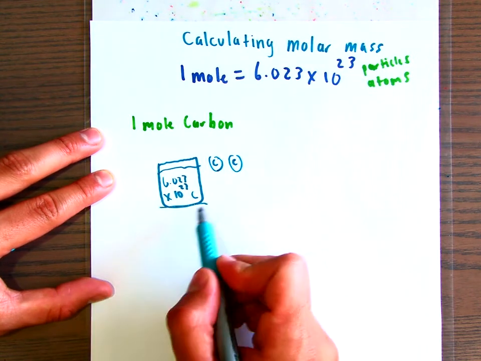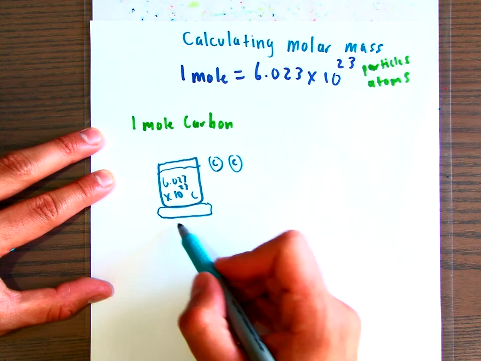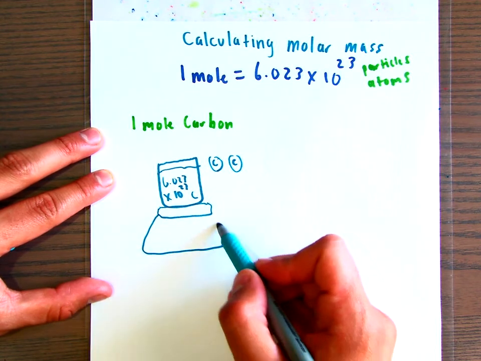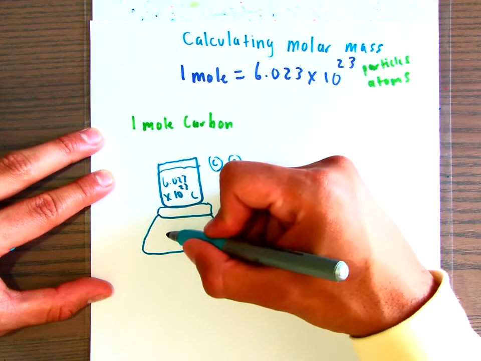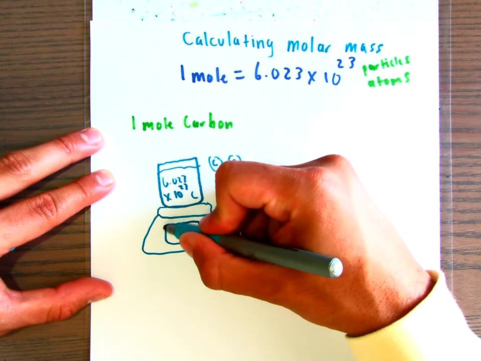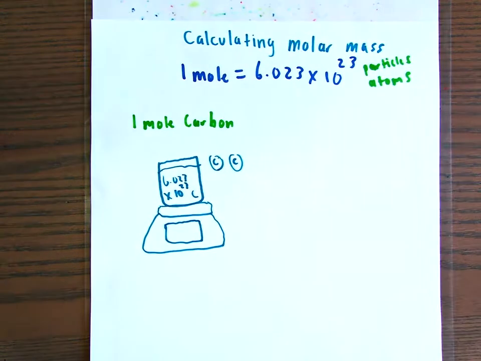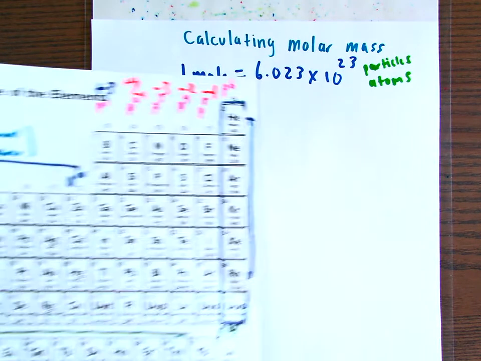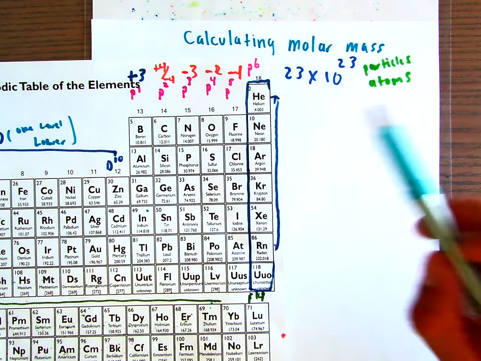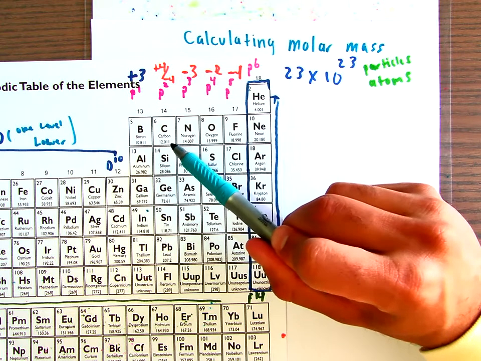Let's say I put this on a scale, right? Now I wanted to know, how much does this weigh? Well, all we actually have to do to figure that out is look at our periodic table, and our mass is actually our molar mass.